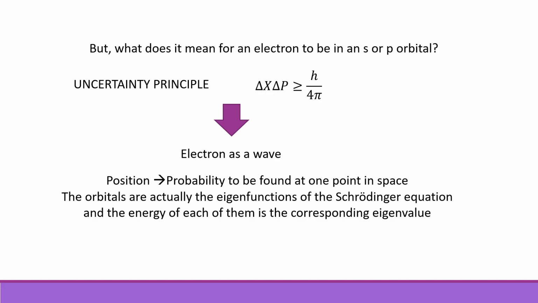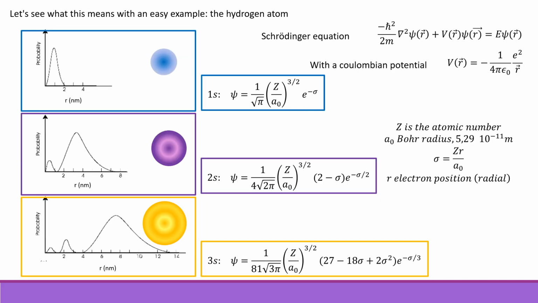In this description, the orbitals are actually the eigenfunctions of the Schrödinger equation. We will come to it later, and the energy of each of these levels will be the corresponding eigenvalue. This is illustrated here.